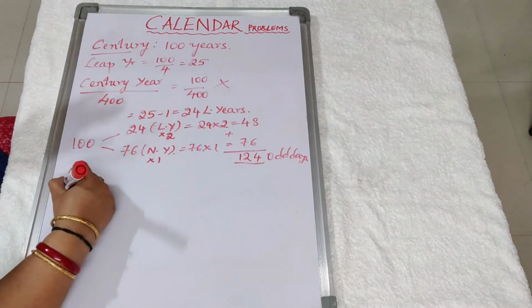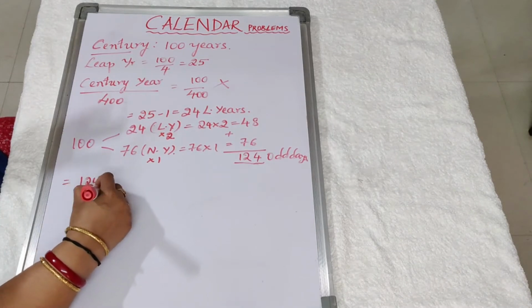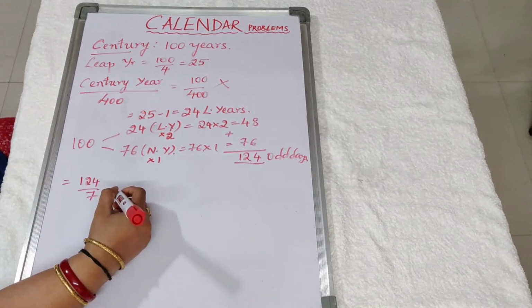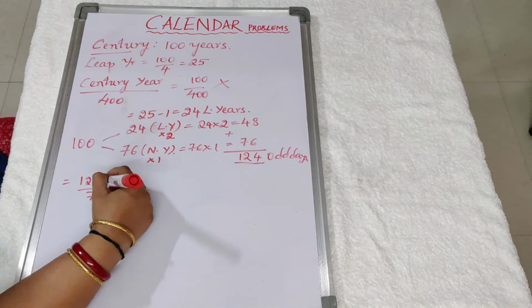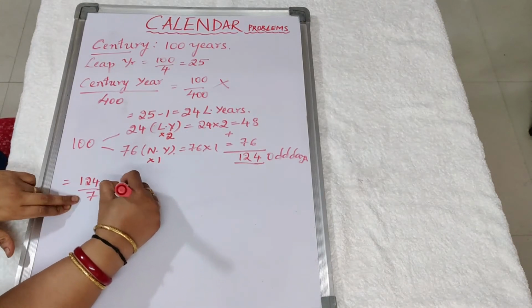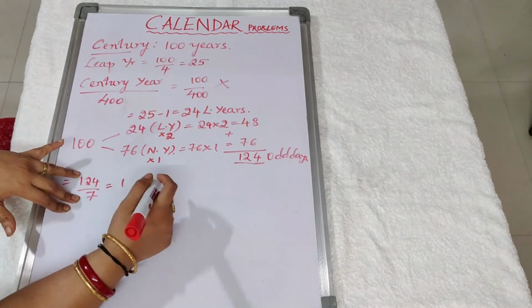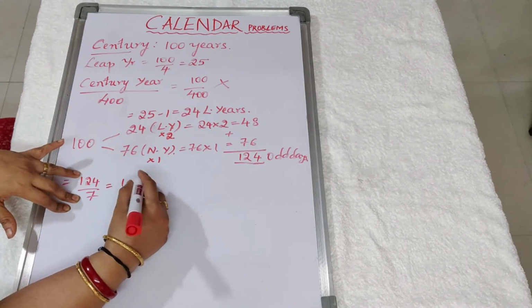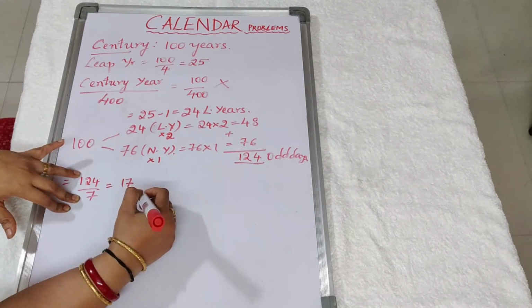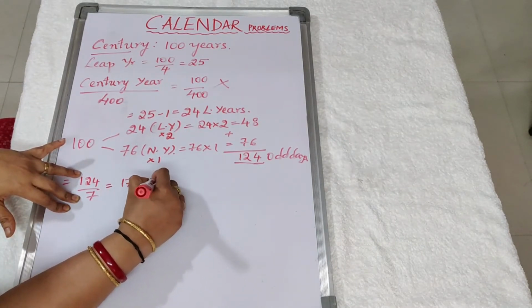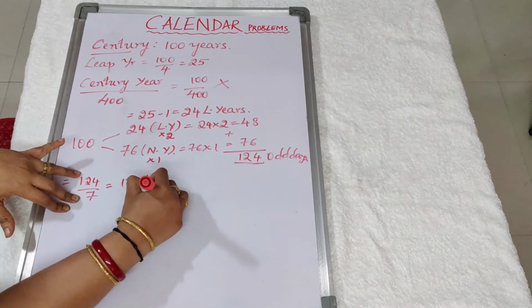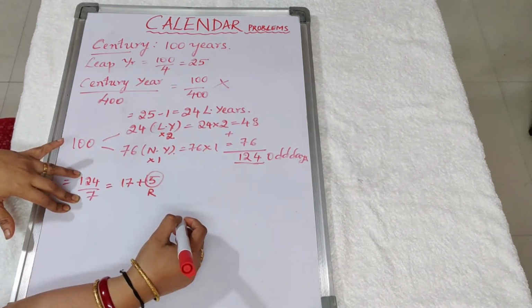So what do we do? 124 divided by 7. Now how much do you get? 7 sevens are 49 and 5 is the remainder. Correct? This is the remainder.